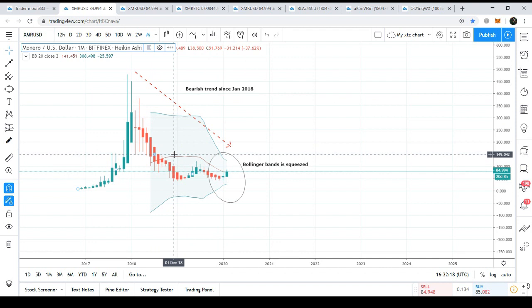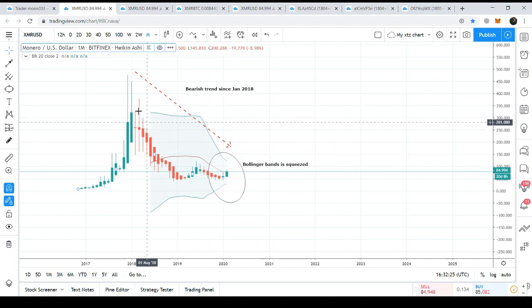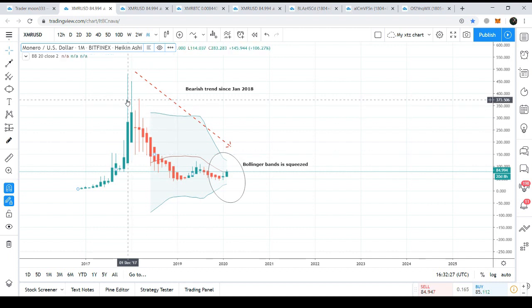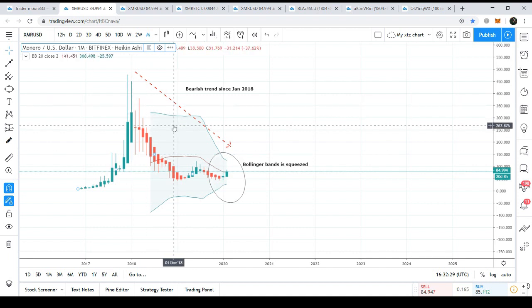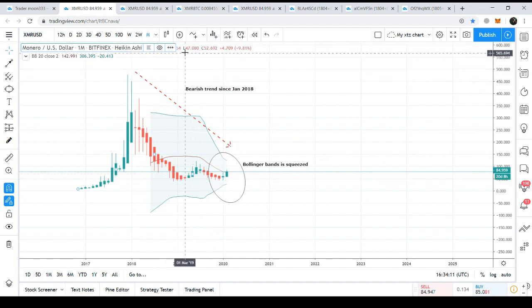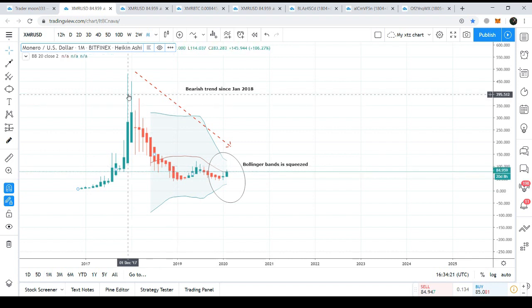And here in December 2018, after a year, it hit the lowest price since December 2017, which was $38.50. I'm placing my mouse here, and you can see the lowest price appear here: $38.50 was the lowest price after December 2017.